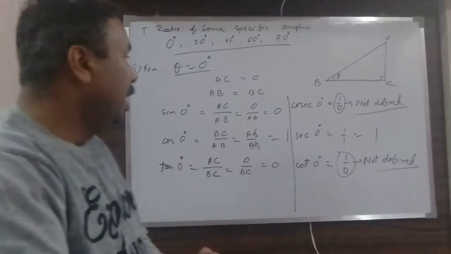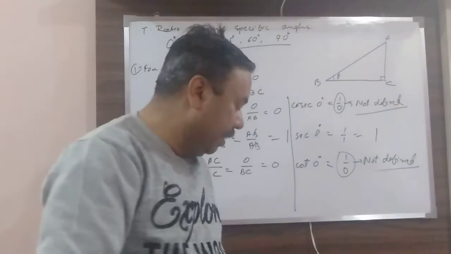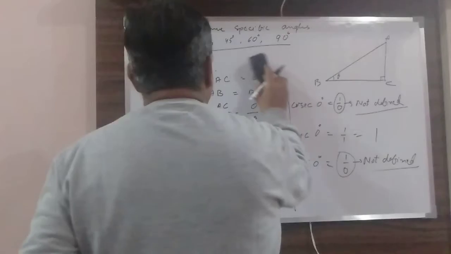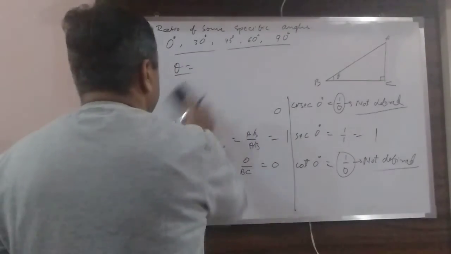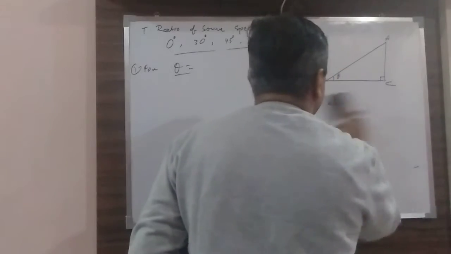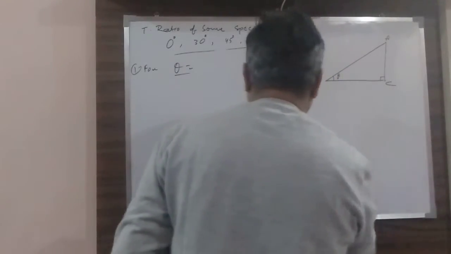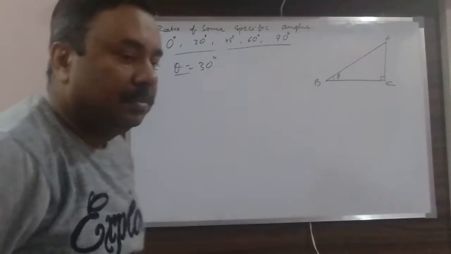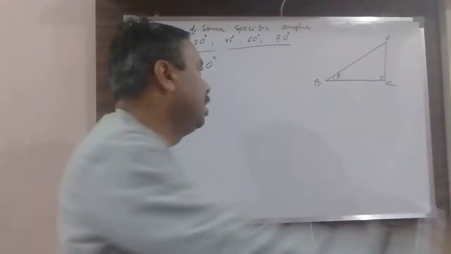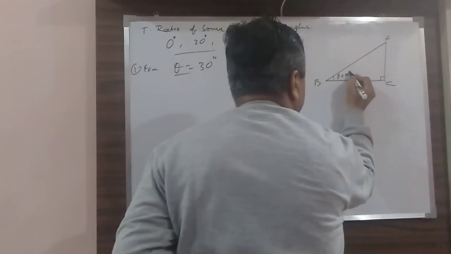Now let's move further, and I will find out what will be the value of the ratios when theta is equal to 30 degree. That means this is equal to 30 degree.